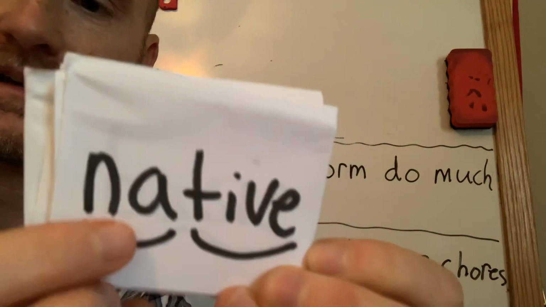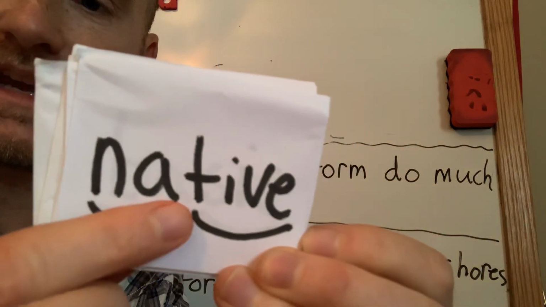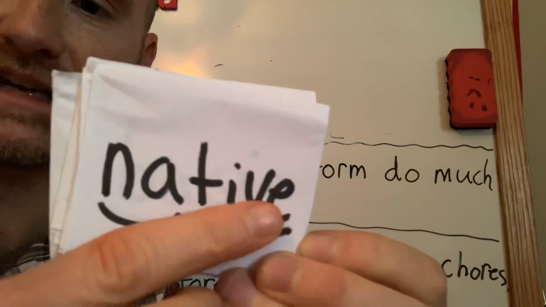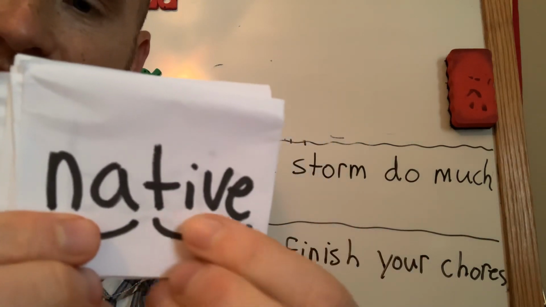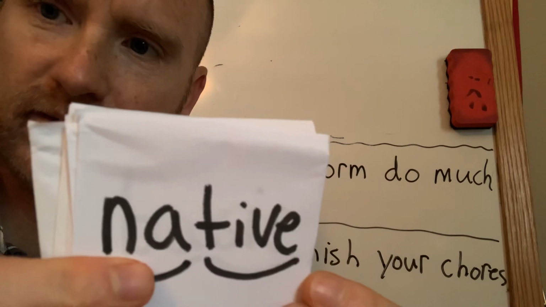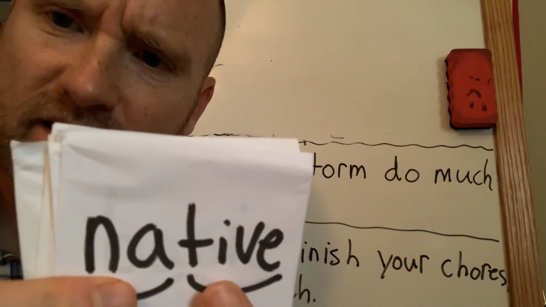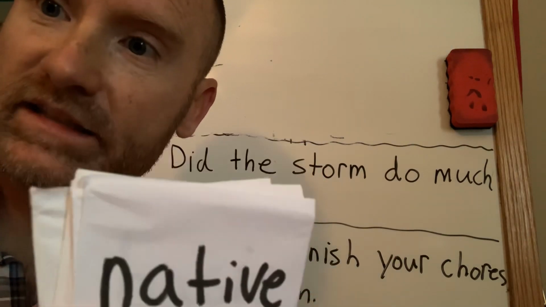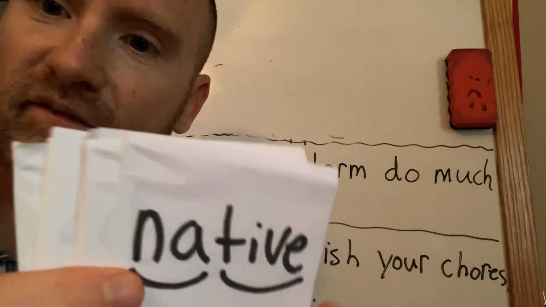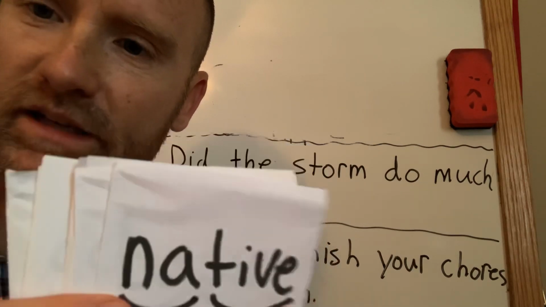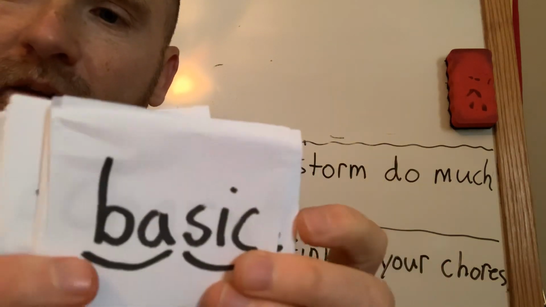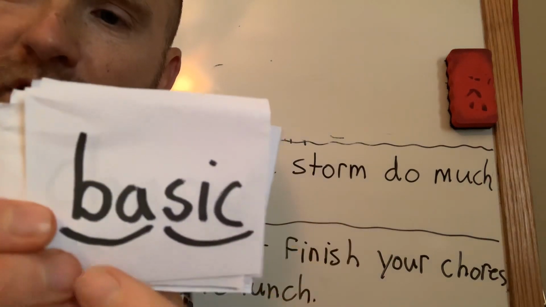Ready? See if you can do it. Native. Why did they get the IVE, right? Because when you have that IV, that's the IVE, right? That's a vowel consonant E exception. All right, look at how I marked it.